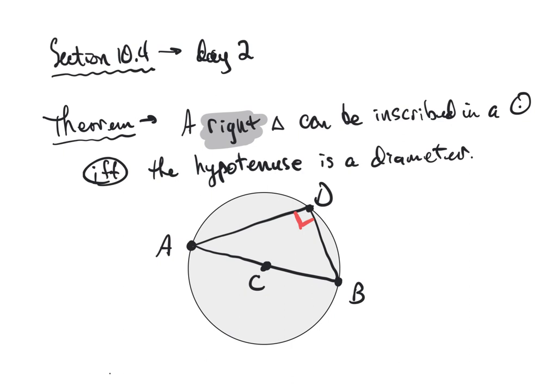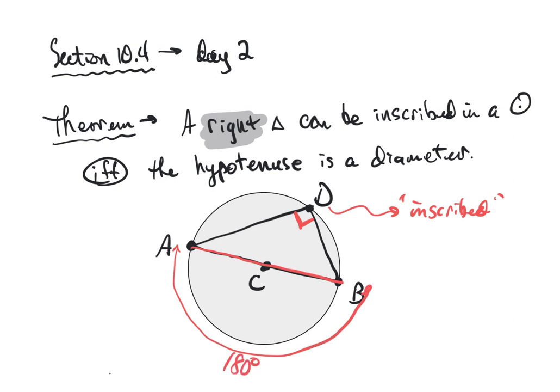The idea, again, hopefully you remember from the first part of 10.4: since the angle at D is an inscribed angle, because it's formed by two chords and the endpoint is on the circle, and because AB is a diameter, the arc from A to B has to be 180 degrees because it's a semicircle, half circle, and therefore the angle is going to be half of the intercepted arc.